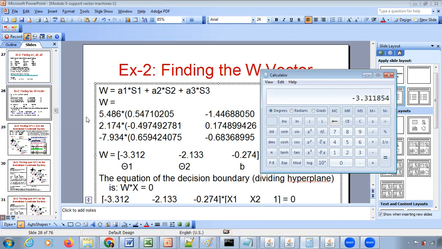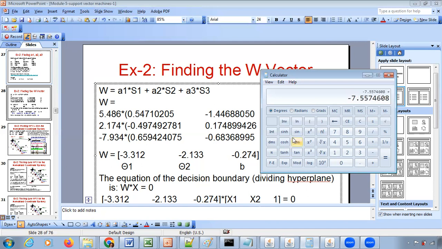Not going to change much your result. So now, for the second term, we just multiply the coefficients with the second term in these vectors. So that's going to be 5.486 times 1.4469. So it's a negative sign. Make sure you include that. Plus 2.174 times 0.1749. Then it's negative and negative, so eventually it'll become positive, so don't need to worry about that.